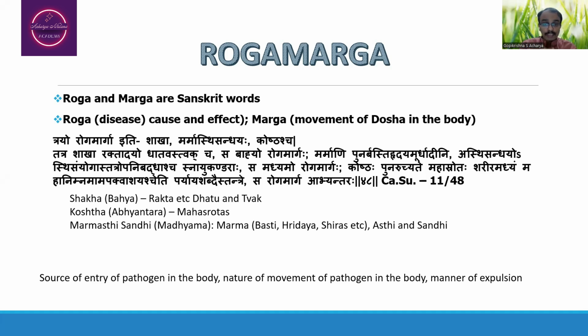If the pathogen enters through the urethra, the lakshanas are specifically observed in the urethra or urinary bladder. If the entry is through the eyes, initially the lakshanas are observed around the eyes, in the form of tearing or redness of the eye. Like that, the source of entry of the pathogen decides the nature of the movement of the vitiated dosha.